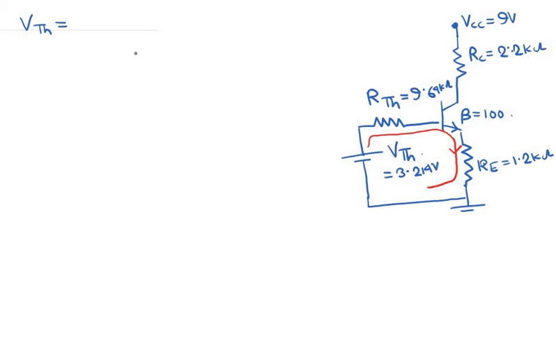So VTH is equal to the voltage drop across the resistor RTH, and this current IB is flowing through RTH. So IB into RTH, where IB is the DC component of the base current, and that is why we have written IB in capital letters. Plus the DC voltage drop across the base to emitter junction, which is approximately VBE on.